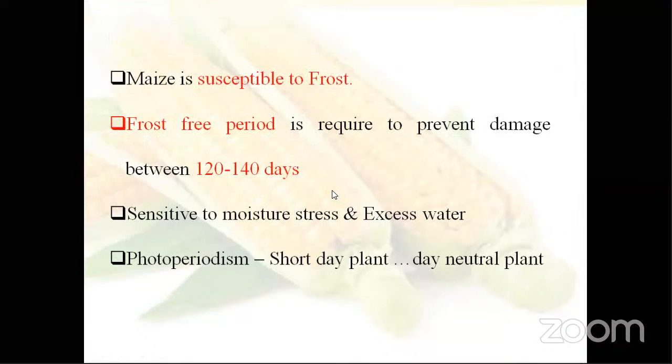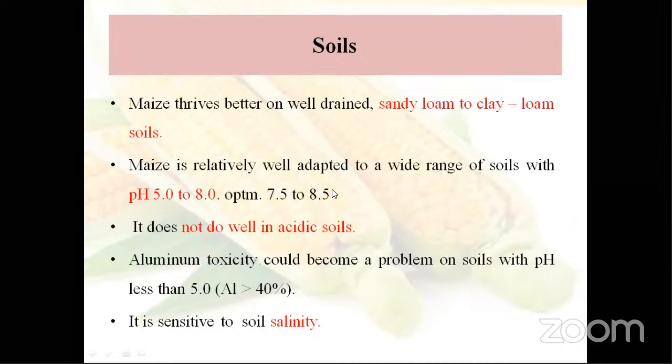Then coming to soil, you have to write which type of soil texture is suitable, structure, then what is the soil pH or soil reaction, which type of soil reaction is suitable, then the general depth of soils, nutrient levels. All these things you have to mention to get maximum marks.